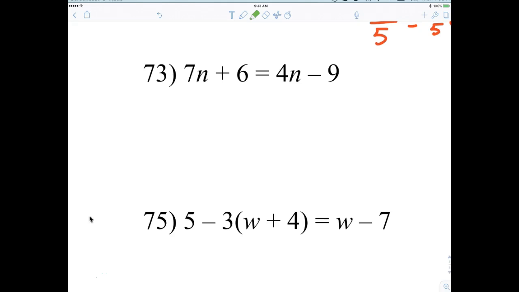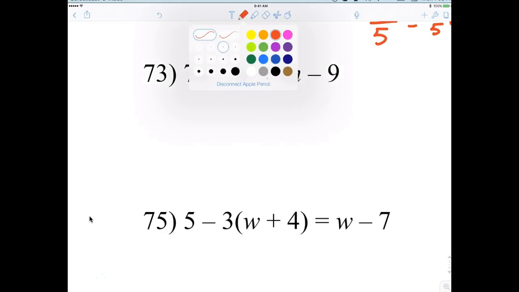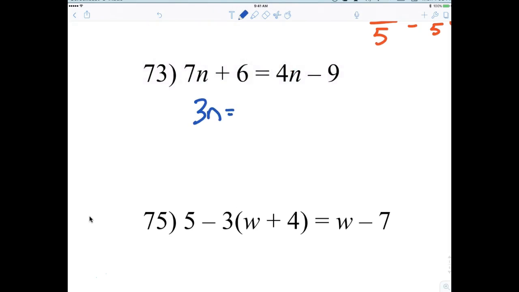I want everybody to write on their paper. This is the only thing you should have down. You should be able to tell me that 3n is equal to negative 15. Everybody good with that? And so n equals what? You're awesome. Negative 5. Remember now, if you don't know something, speak up.